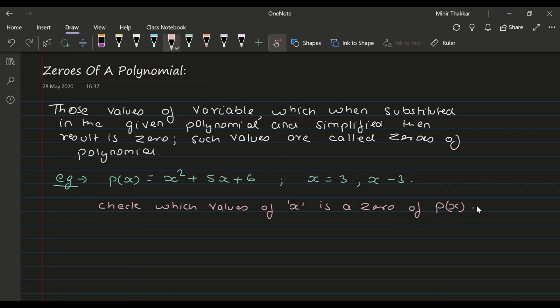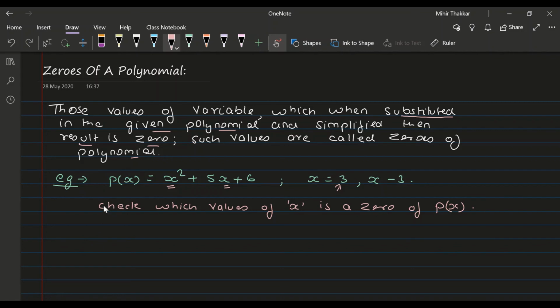As per the definition, the value of the variable which when substituted in the given polynomial, it means that this 3 has to be substituted in the place of x, and you have to simplify. If the result is 0, then the value is called a 0 of the polynomial. If the value is not 0, then we will say that it is not a 0 of that polynomial p of x. Okay?